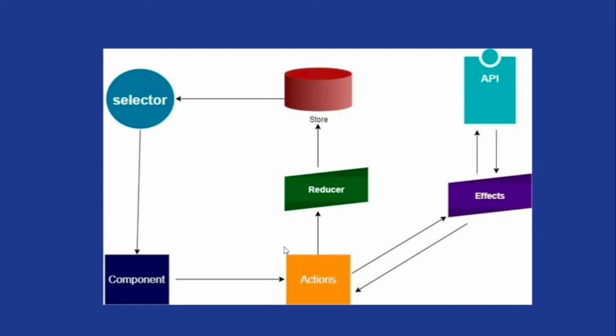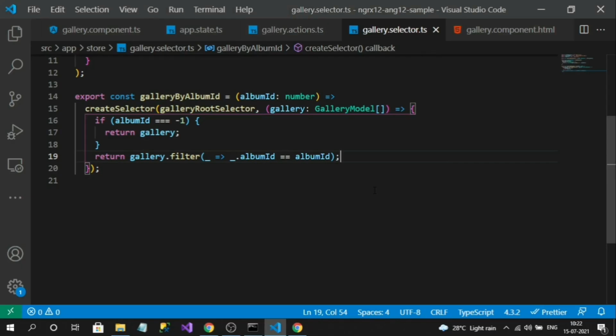Here, one more additional responsibility is given to actions: actions can be listened to by effects as well. In the same way a component passes data into actions, effects will also pass data into actions. So let's implement effects in our application. Effects are also invoked by actions, right?